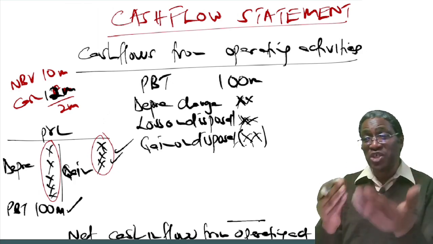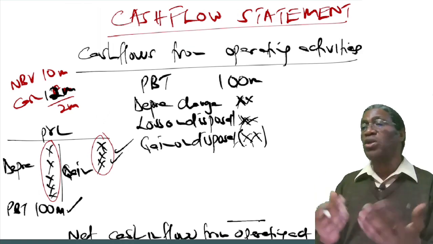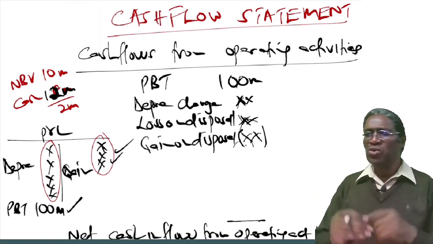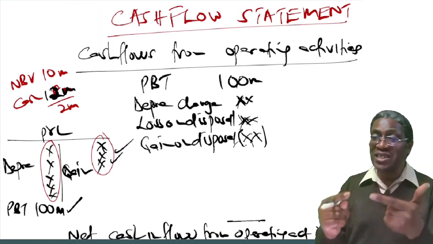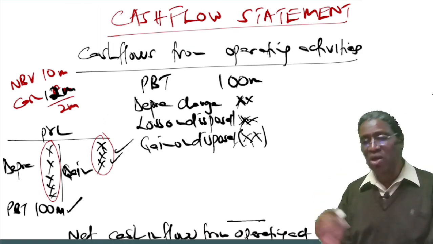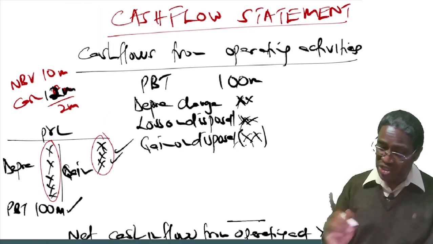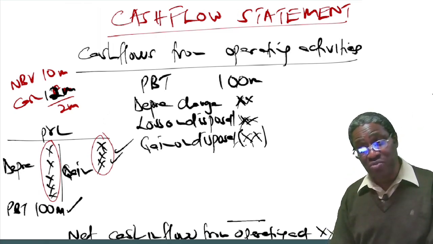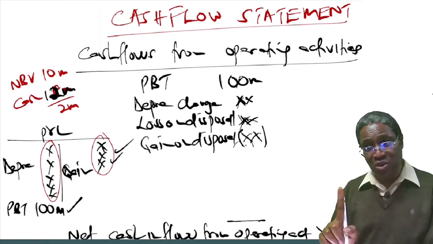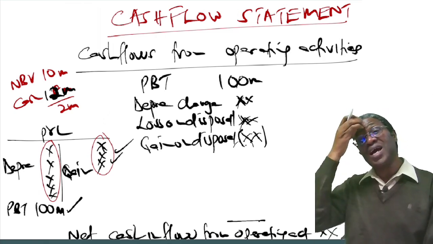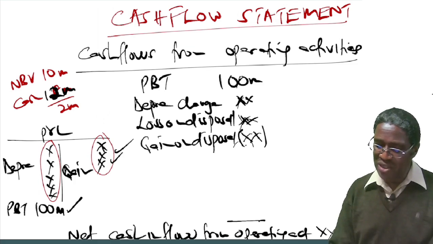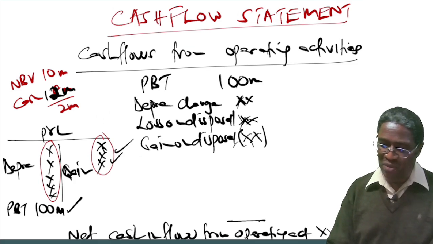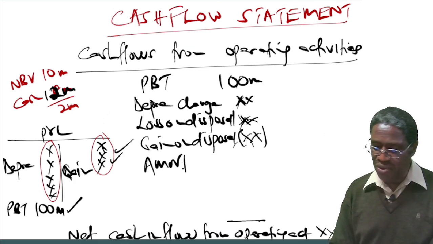Whenever you depreciate intangible assets, we call it amortization. So when you debited the P&L account with that amortization of an intangible asset, again that's a non-cash expense. It made your expenses more than it should be. When expenses are overcasted, profit is undercasted, so you come and add it. That is amortization.